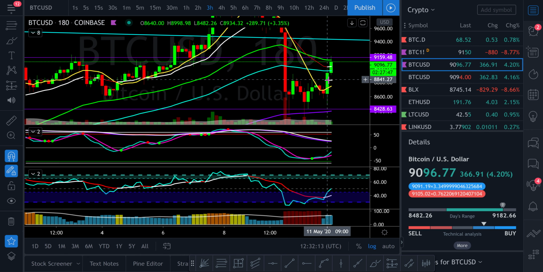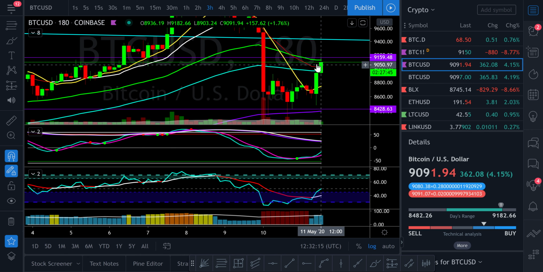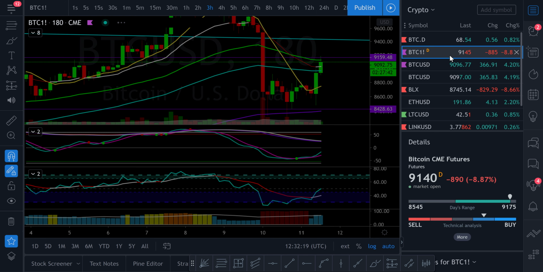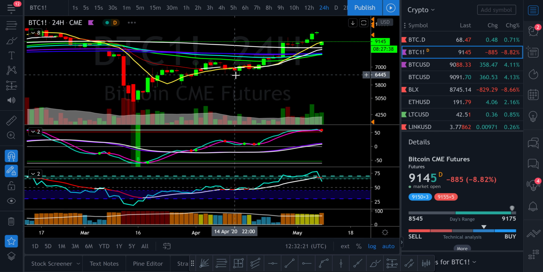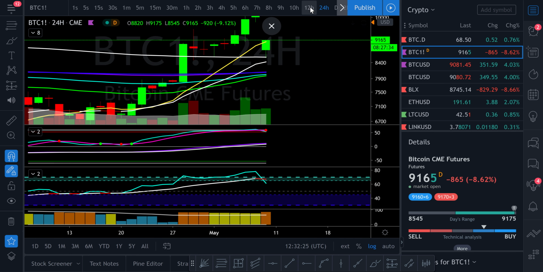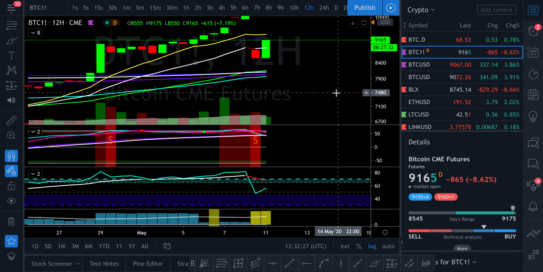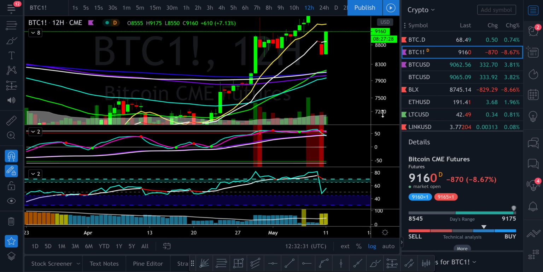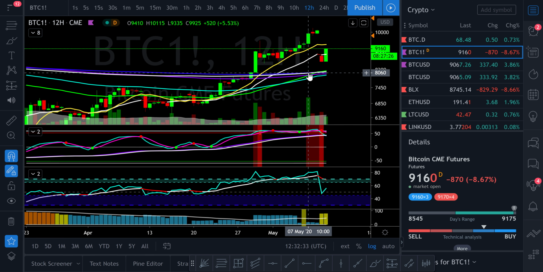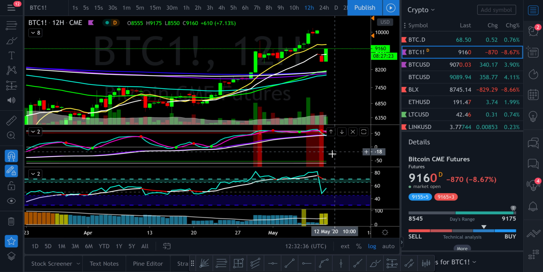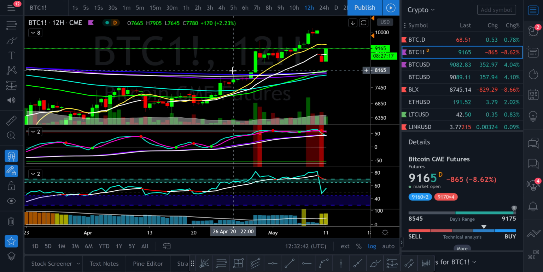We had, when we were down here, the 21 sitting there in the 55, but also on CME on the daily, we did get, no, I'm sorry, it was the 12 hour. Yeah, so the 12 hour got the green 55 golden cross, and when that happens, especially when your oscillators are kind of overbought like these were, it'll go in the opposite direction of the cross.